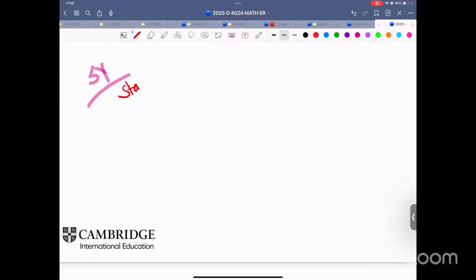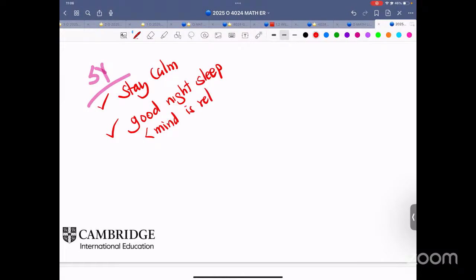So you have to stay calm. Get a good night sleep so that your mind is relaxed. Because no matter how many questions you have tried earlier, it all boils down to exactly what you are doing at that time.